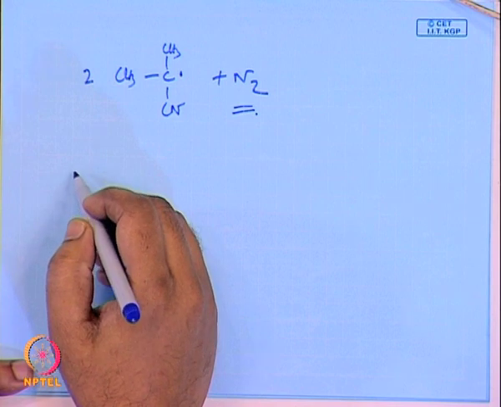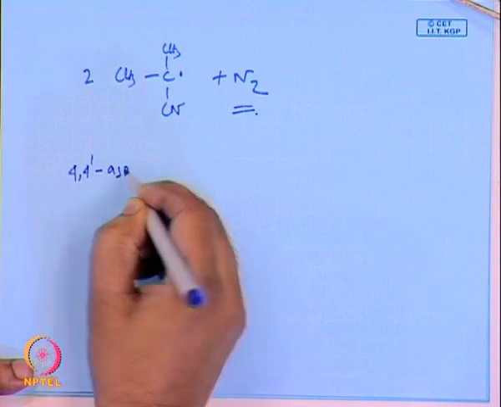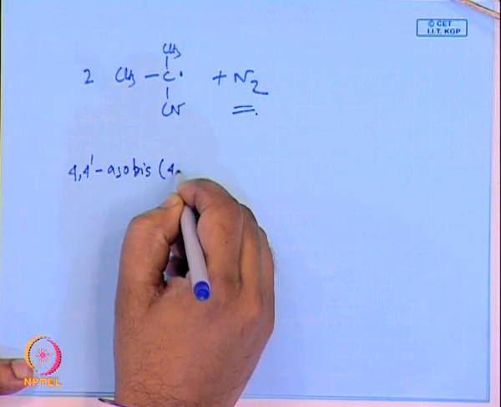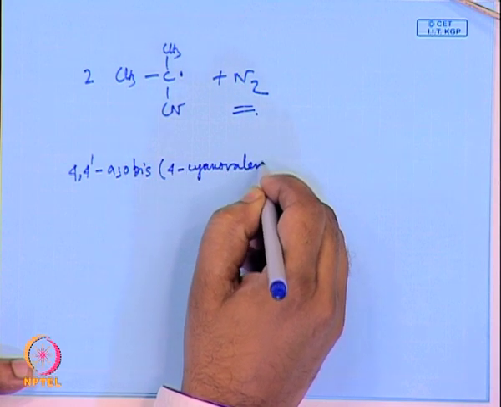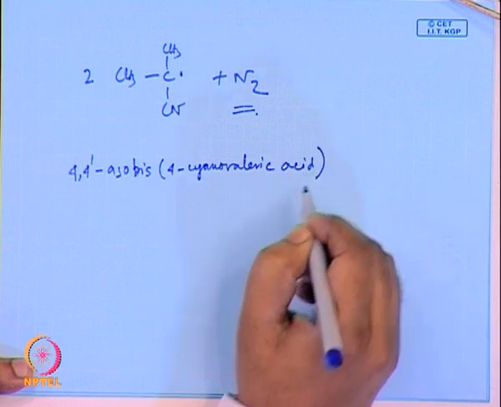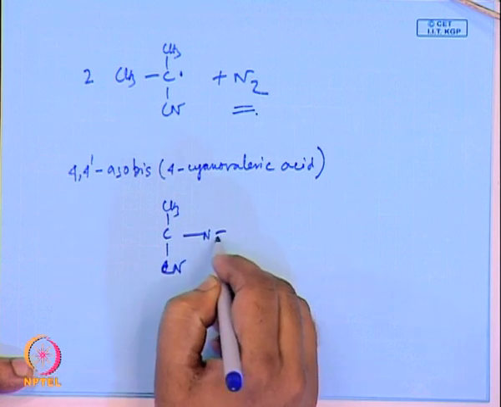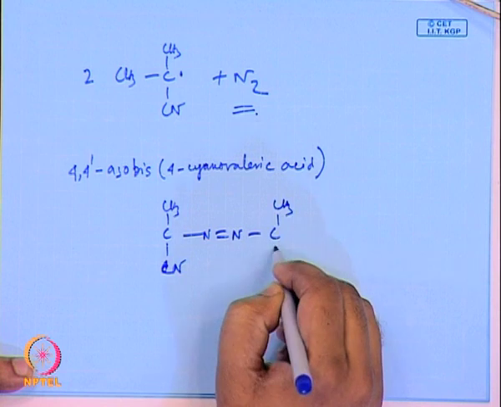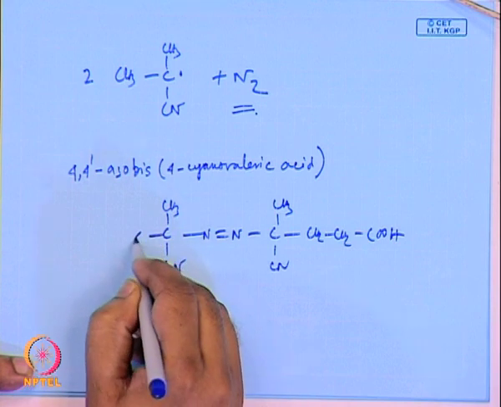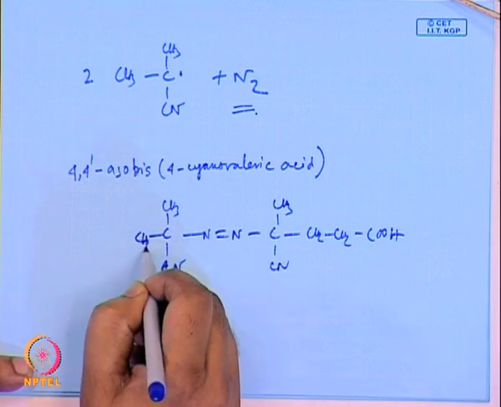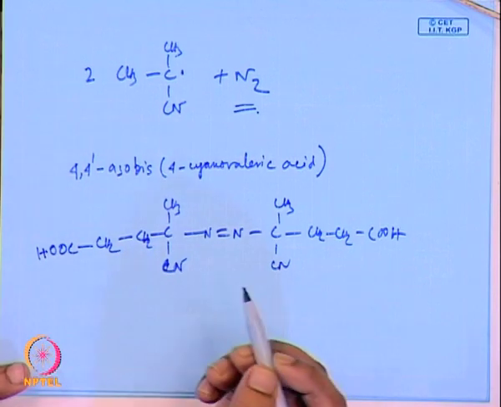Other examples of azo compounds are, for example, 4,4'-azobis(4-cyanovaleric acid).